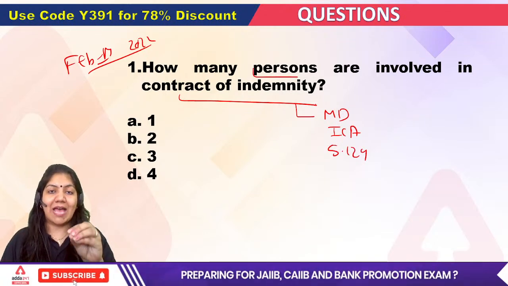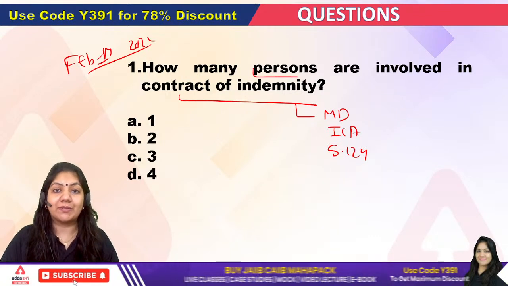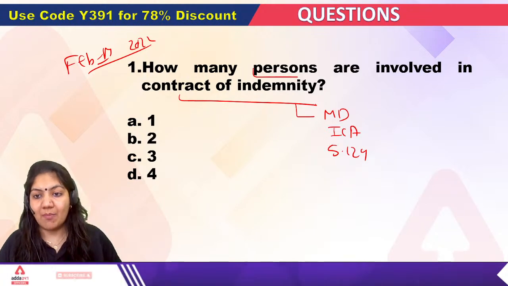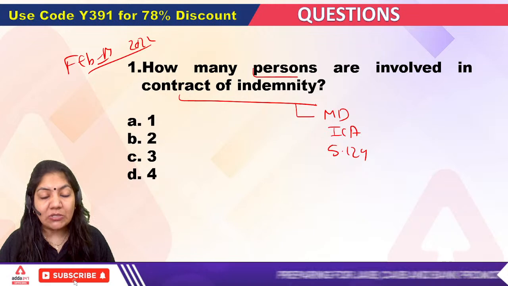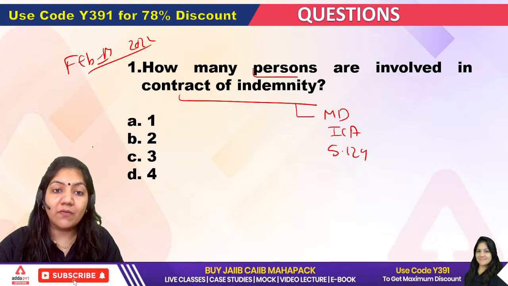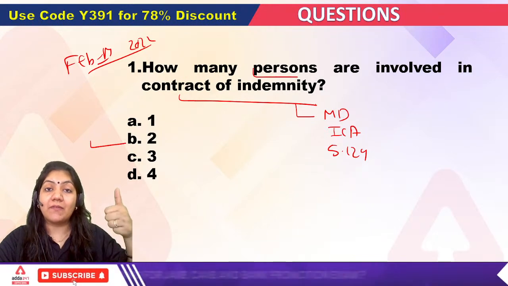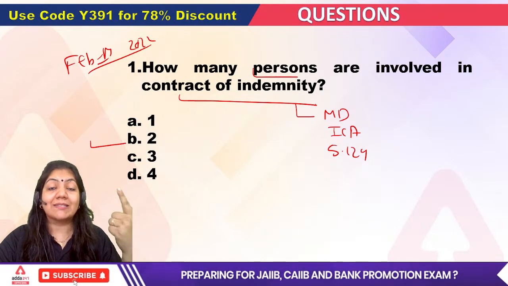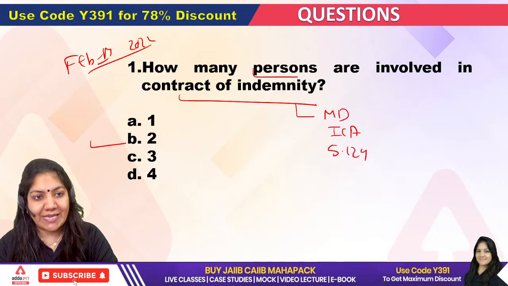Whatever loss happens to one person, that loss will be paid by another person. Example, your car insurance company. Absolutely right. In the context of indemnity, the parties are two. The first party is the indemnifier, that is the promisor, and the second party is the indemnity holder.